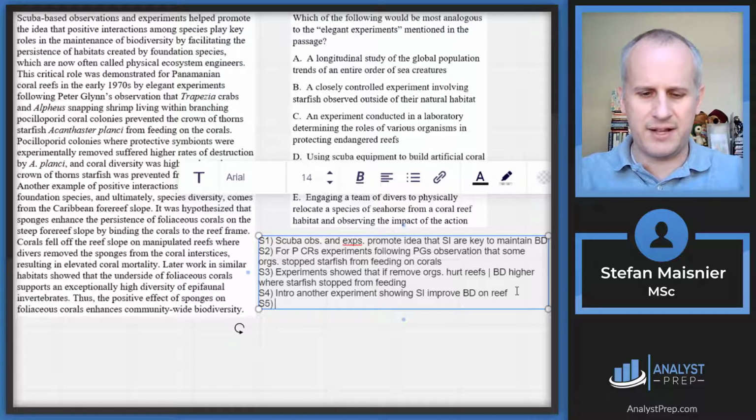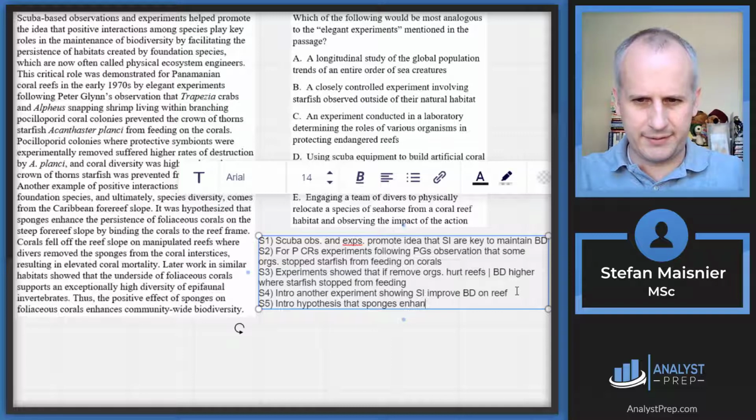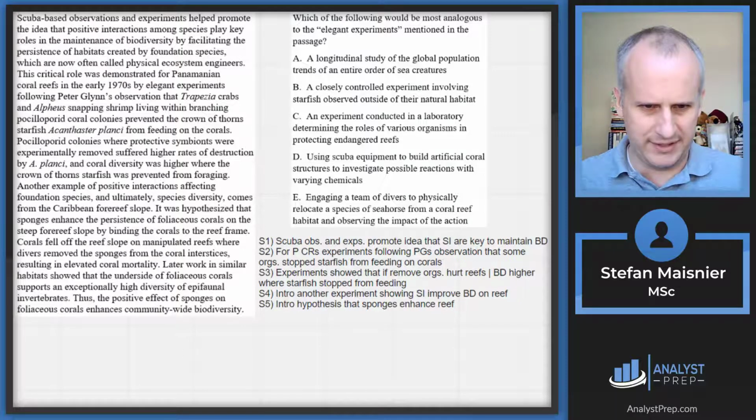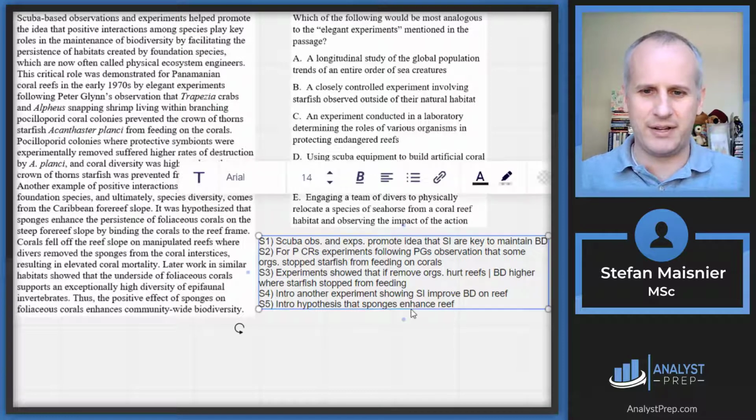So sentence 5 is just intro the hypothesis that sponges enhance a reef. We don't really care about how, we just got the sponges enhance the reef. Corals fell off the reef slope on manipulated reefs where divers removed the sponges from the coral interstices, resulting in elevated coral mortality.